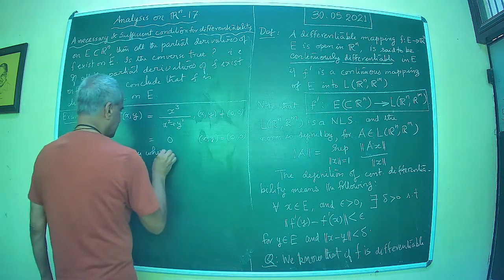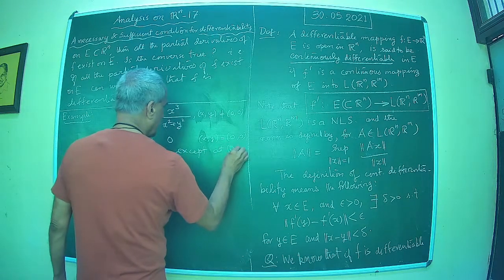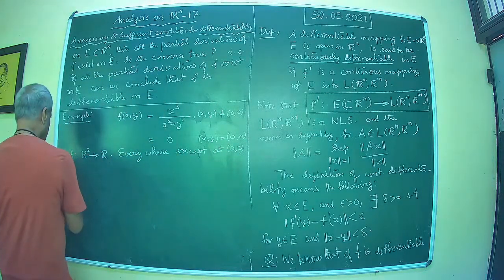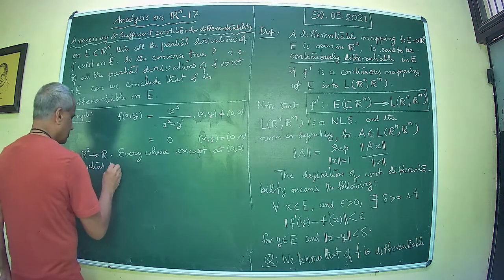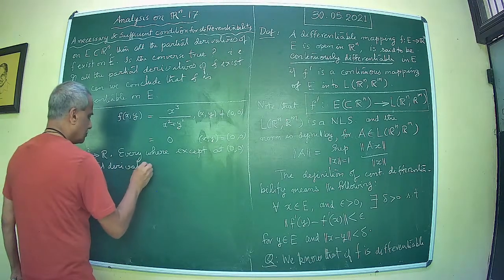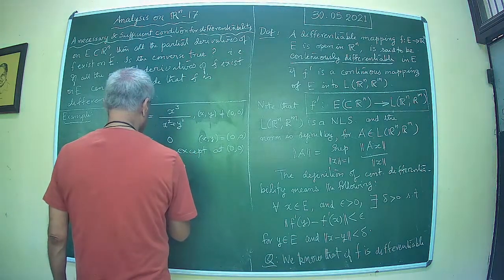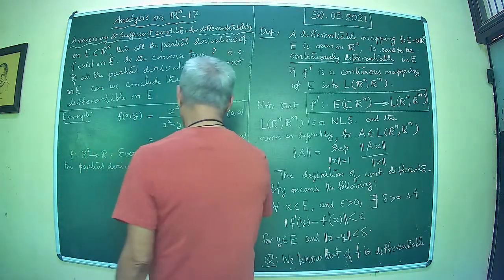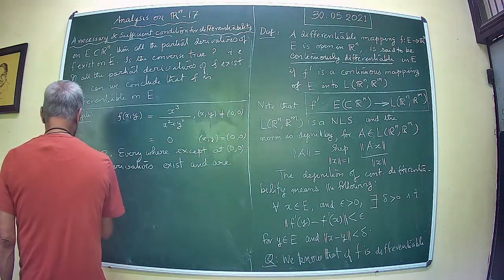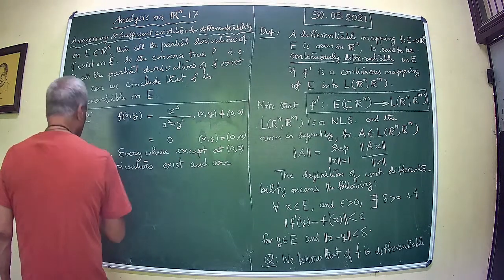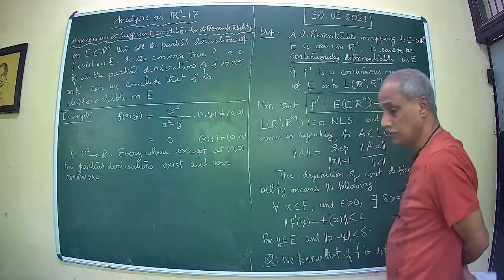Everywhere except at 0, 0, the partial derivatives exist and are continuous. That is because the function is there defined as x cubed divided by x square plus y square.